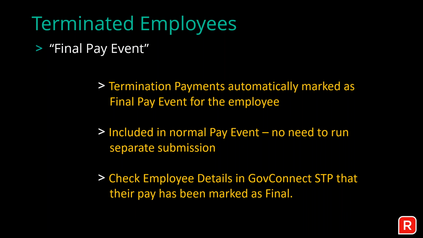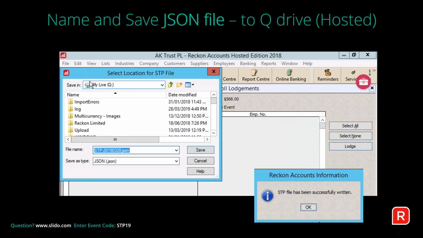So there's no need to run a separate submission. When you get into GovConnect, you can have a look at the employee detail, and you'll see that that particular terminated employee has got a marking for a final in amongst all your other normal pay runs. So there's no additional action required for STP in relation to a terminated employee. The program will take care of that.